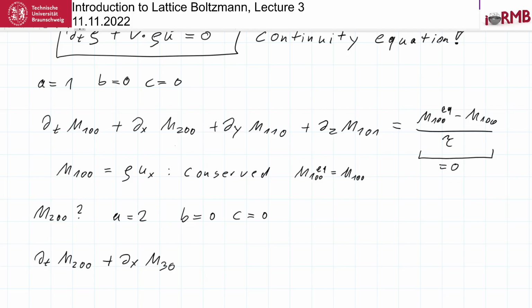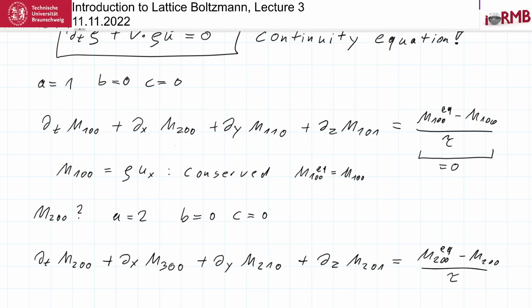From 2, 1 more is 3. Then dy, now we have to count up the second index, 2, 1, 0. And last we have to count up the third index, 2, 0, 1. And this is equal to m200 equilibrium minus m200, divided by tau.